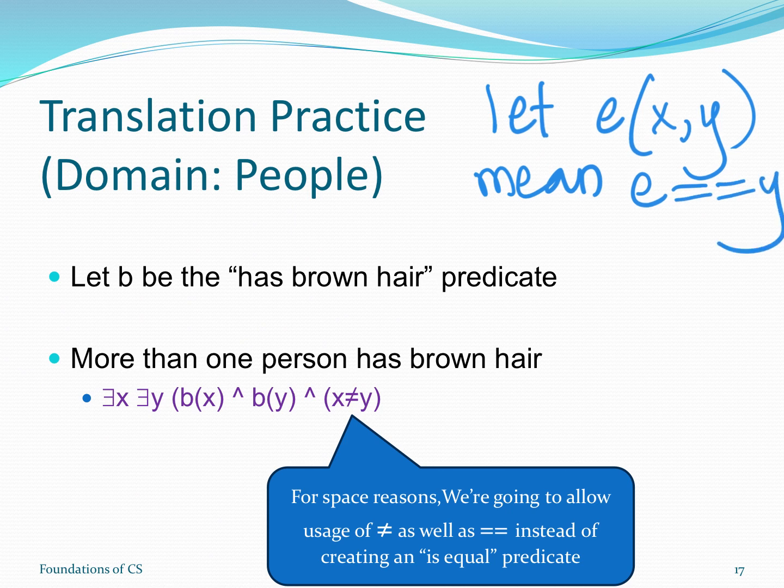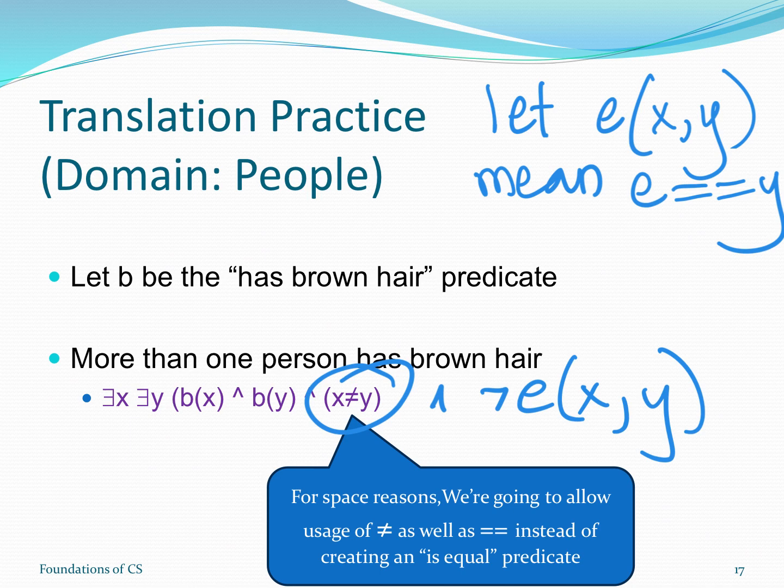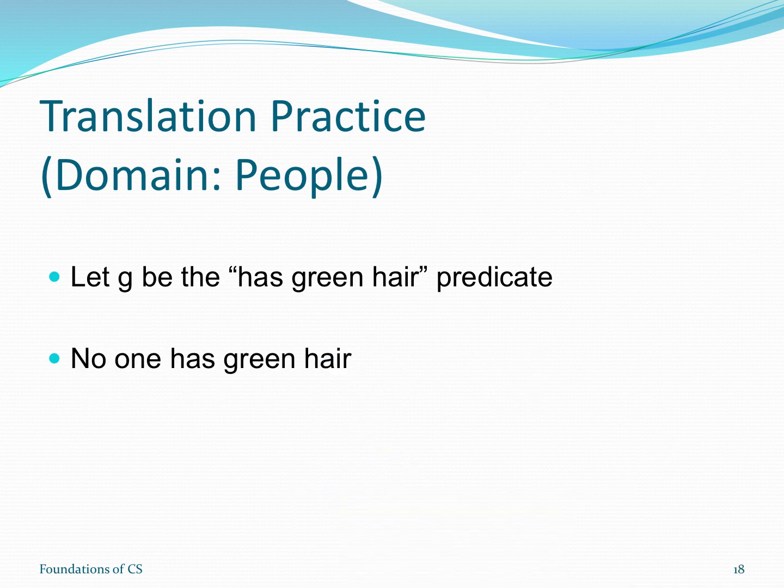And then instead of putting in this X does not equal Y, I could say, it's not the case that E of X, Y, right? And so that's sort of the fancy official way to do this, but it's so much easier to just allow us to use does not equal and equal, right? The not equal to and the equal to notation, I'm going to just let you go with that. Okay.